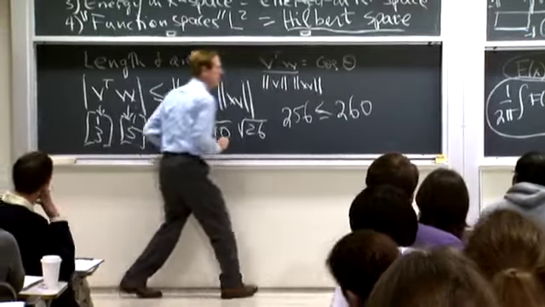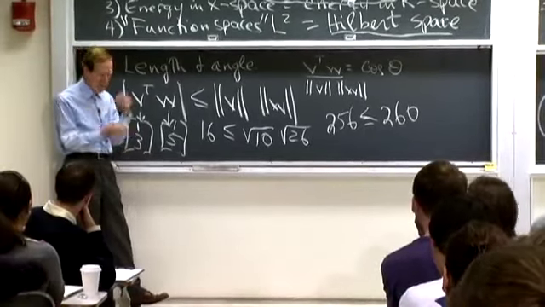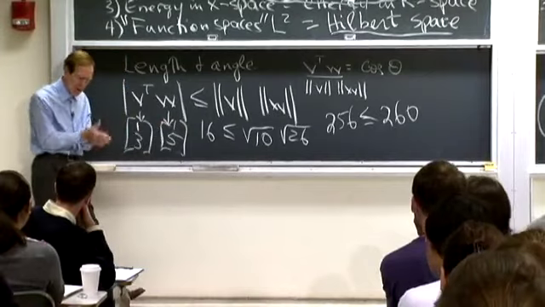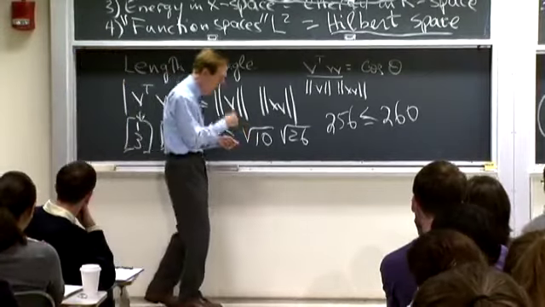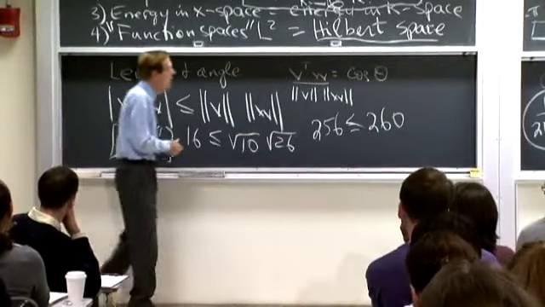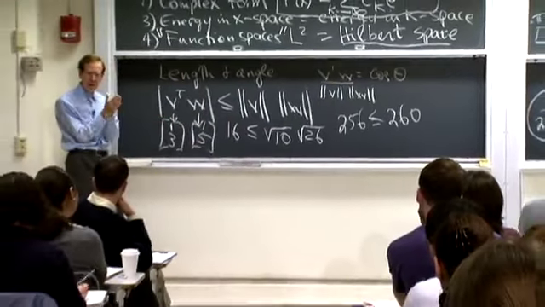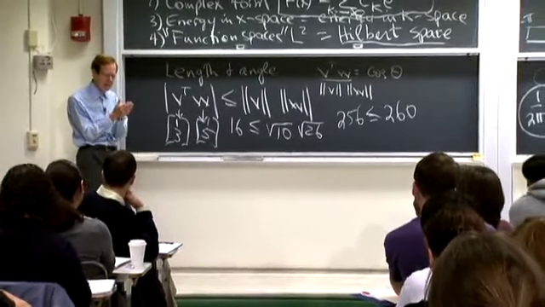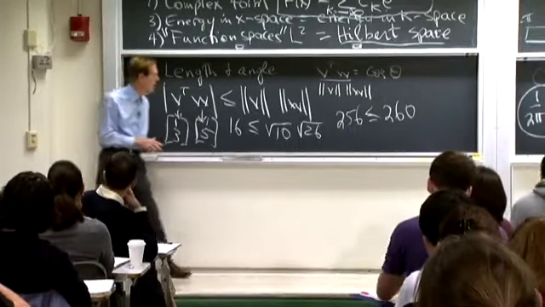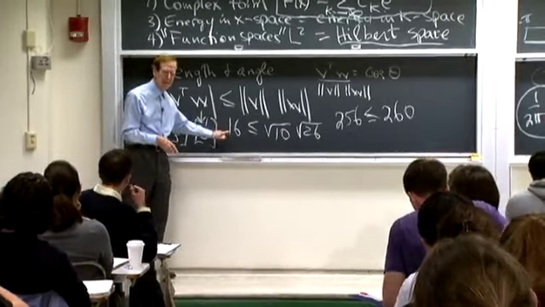Lesser or equal, Schwarz would say, and it's actually less than because these vectors are not in the same direction. If they were exactly in the same direction or opposite directions, the cosine would be 1 and we would have equals. But the angle between those two vectors is pretty small. The cosine is quite near 1, but it's not exactly 1. Yeah. So I'm glad somebody knew 16 squared.